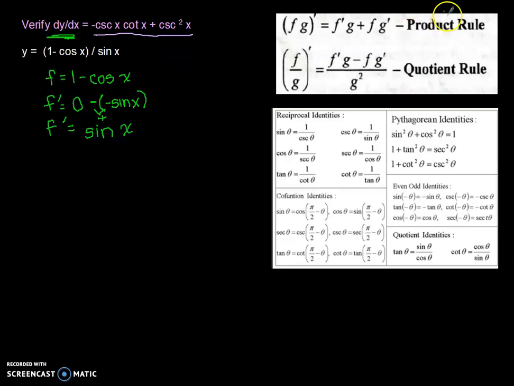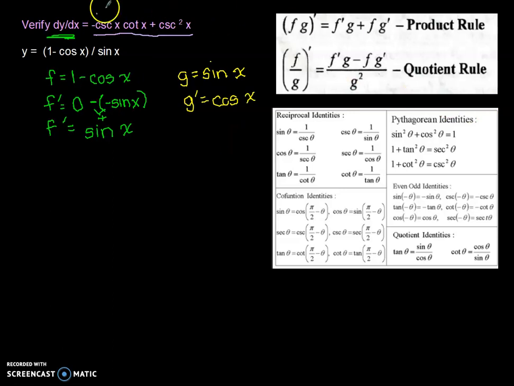Just make a note of that. Then we have g, the function of x it's being divided by, which is just sine of x. This one's a little nicer. So g prime, the derivative of sine, is just cosine of x.